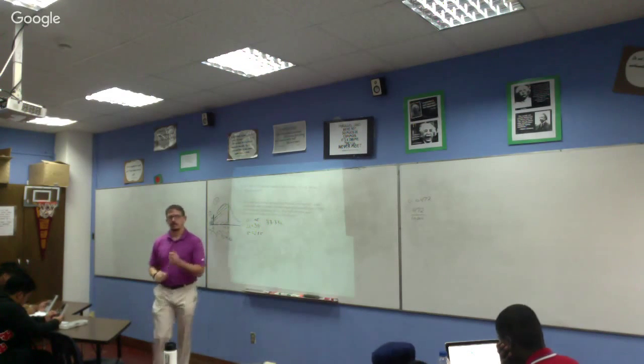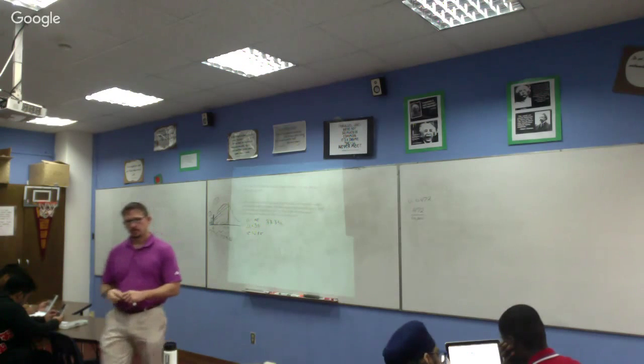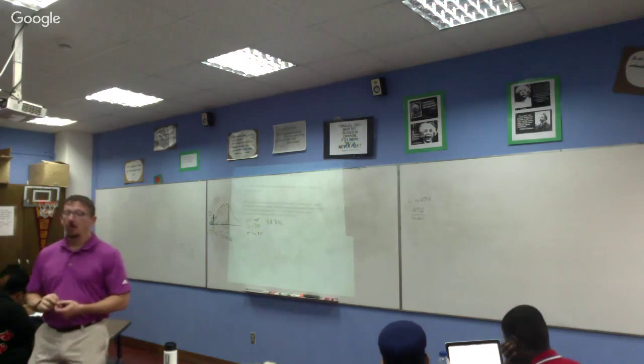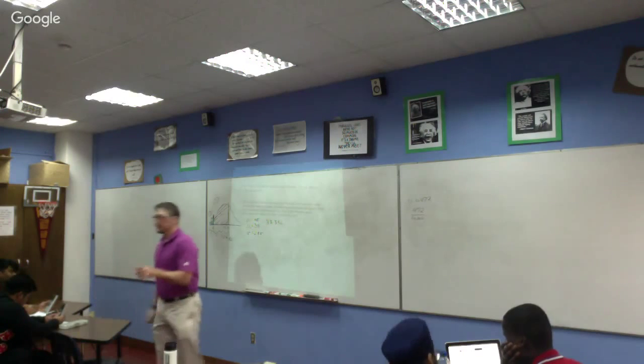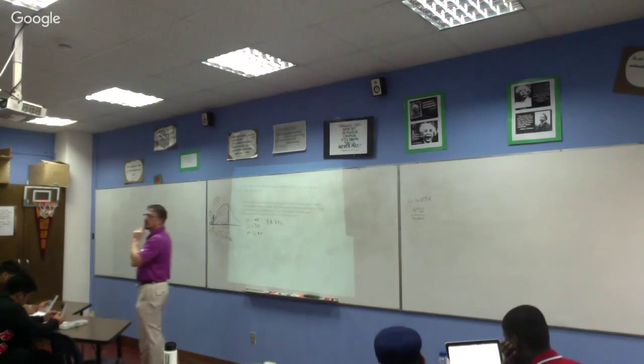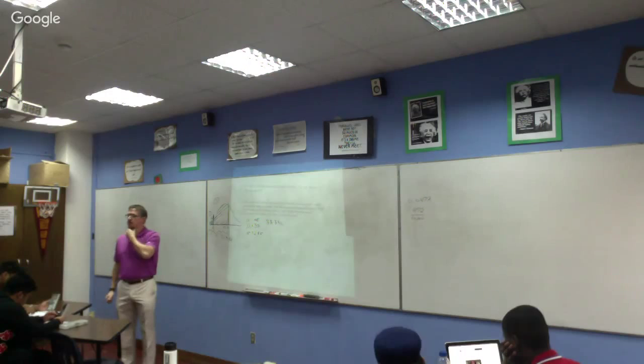So with the standard deviation of 2.85, we don't have to worry about square rooting that? No. Good question. This is a question that came up yesterday with the other class.